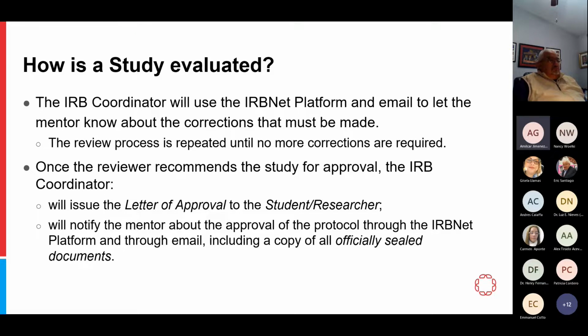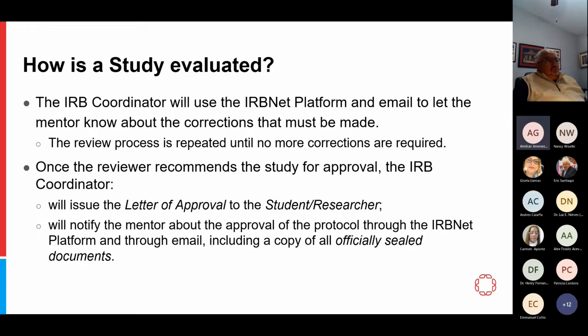Once the reviewer recommends the study for approval, the IRB coordinator will issue a letter of approval to that student or researcher, okay?